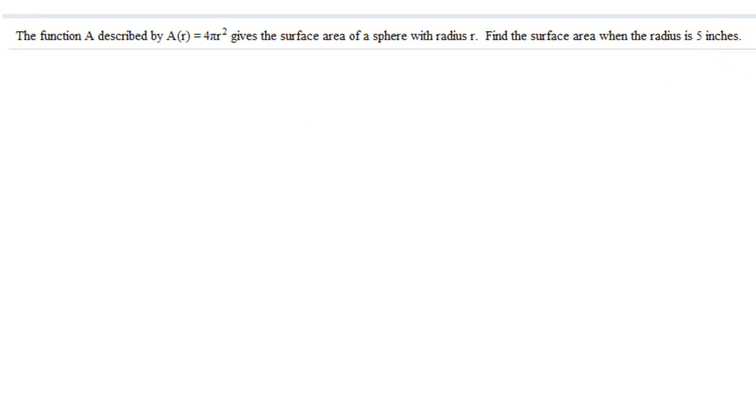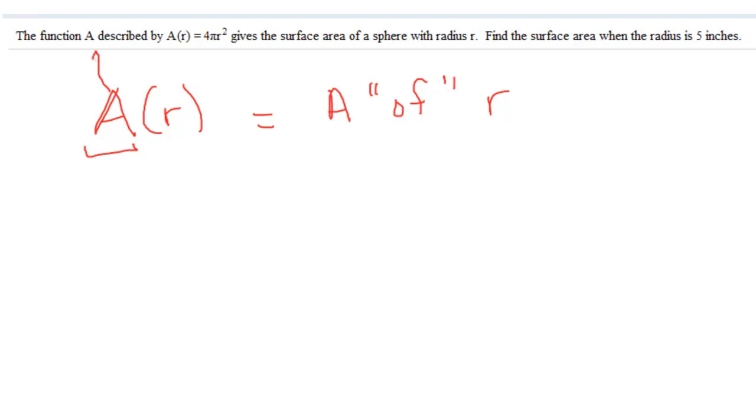Okay, so if you're not familiar with this notation, this A of r right here, that's how we read it. A and then the word of r. A is the name of the function, just the way that they described it. And r is going to be the input.